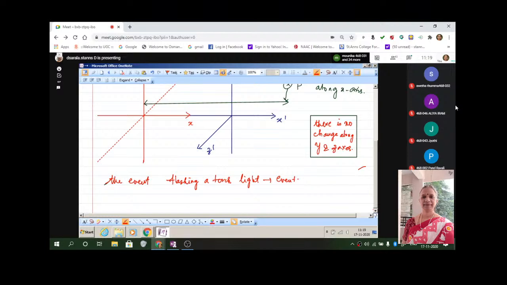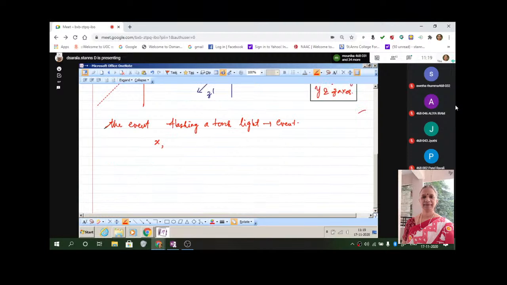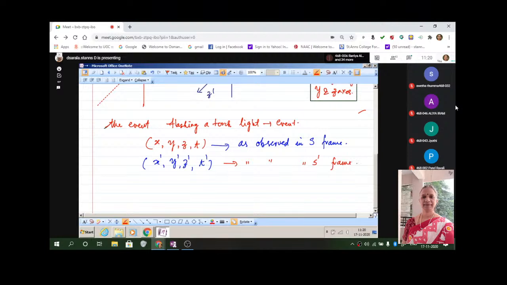This event is happening at a position of x, y, z, t as observed in S frame. It is observed as x dash, y dash, z dash, t dash in the S prime frame.